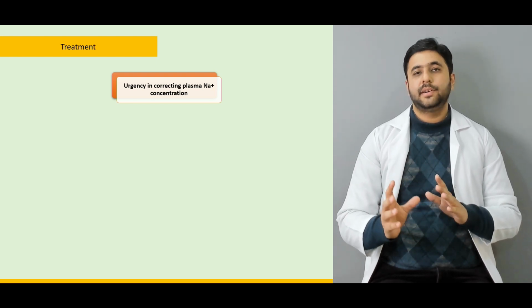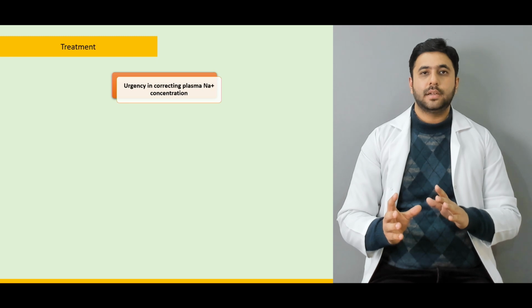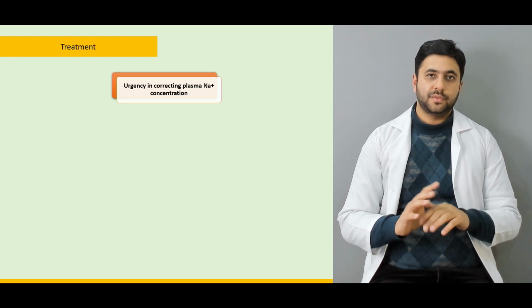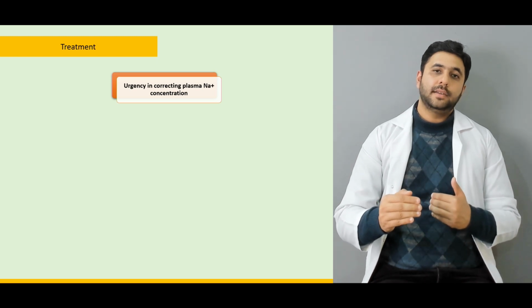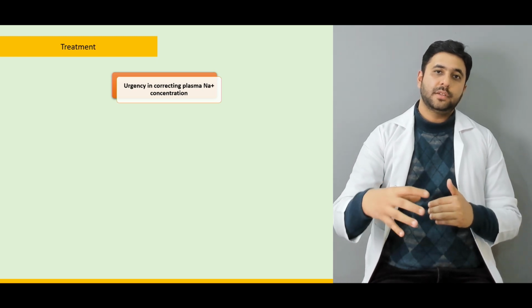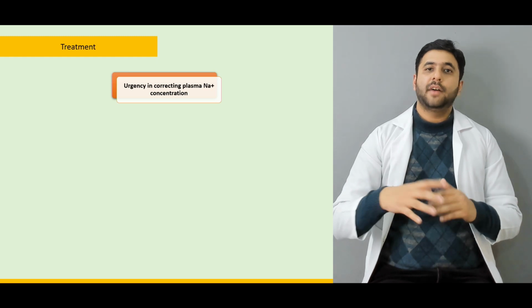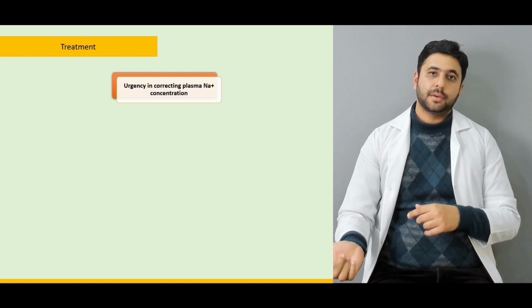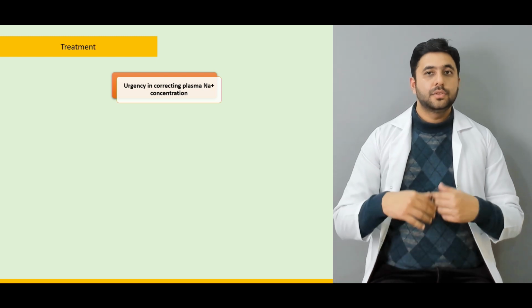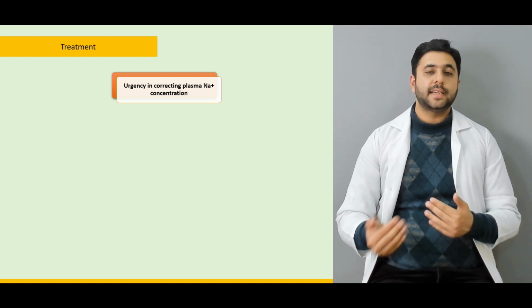If someone has a plasma sodium of 130 or 128 millimoles, you try to quickly raise the sodium concentration to the normal range, around 135, and then afterwards you manage that patient as a patient of chronic hyponatremia, which we are going to talk about in detail. So urgency overtakes everything else.